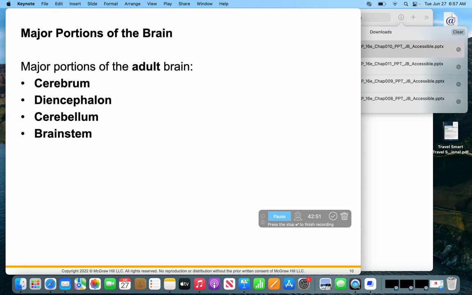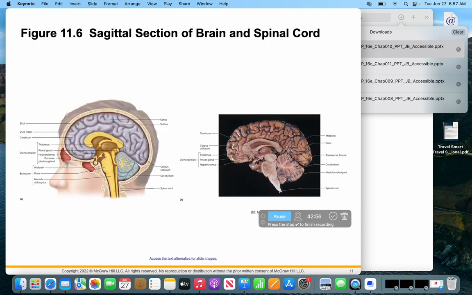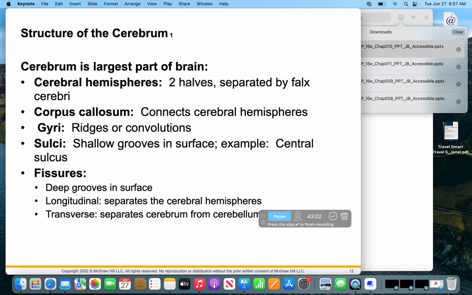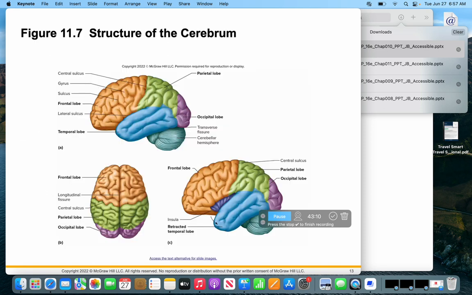We looked at the major portions of the adult brain, the cerebrum, the diencephalon, the cerebellum, and the brainstem, and labeled those parts. And we talked about gyri and sulci and the major fissures. The corpus callosum connects the 2 cerebral hemispheres of the cerebrum, and really the different lobes of the cerebrum.